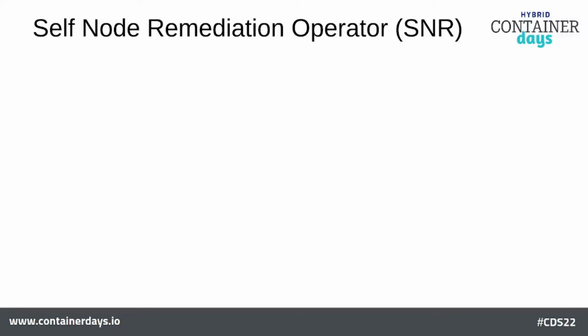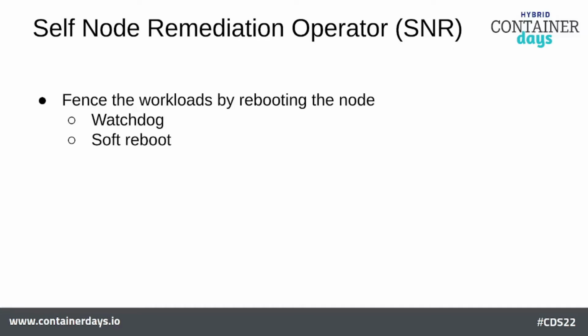Once such a resource is found, the agent on the affected node will fence it. The safest way for fencing is to power off or reboot the node. Since we also want to potentially restore compute capacity, we try a reboot. The safest way to do this is using a watchdog.